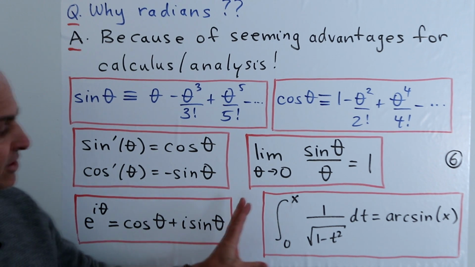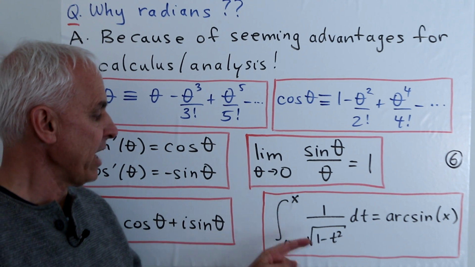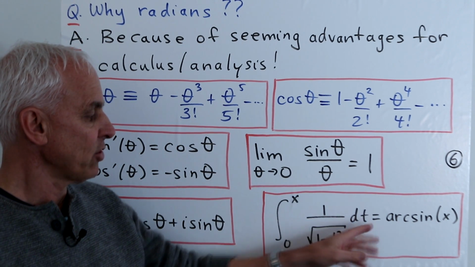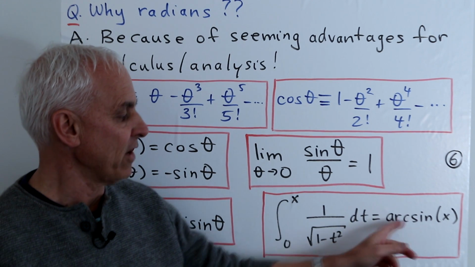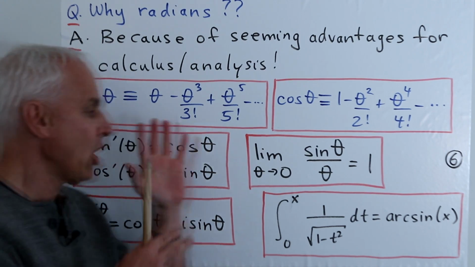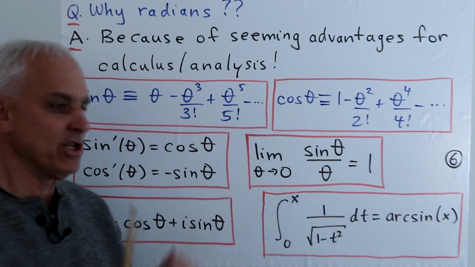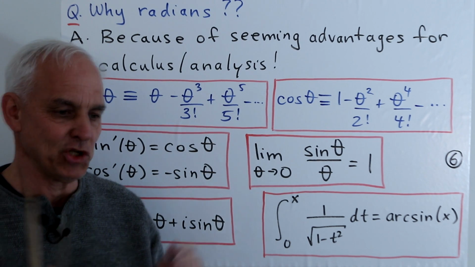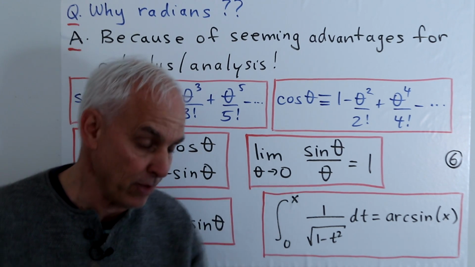And then there's a direct connection with certain integrals. For example, the integral from 0 to x of 1 over the square root of 1 minus t squared dt turns out to be the inverse function for the sine function, the so-called arc sine of x. So there's a lot of calculus kind of advantages. We can define functions by these infinite series, assuming we don't actually have to make calculations about how to evaluate these things.